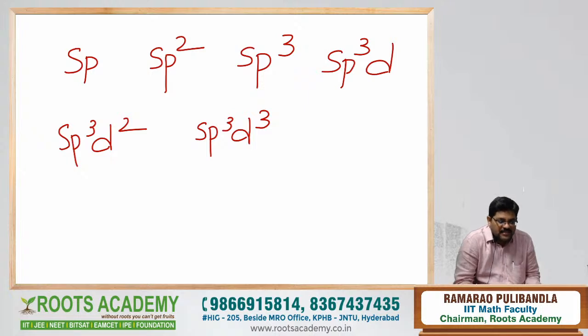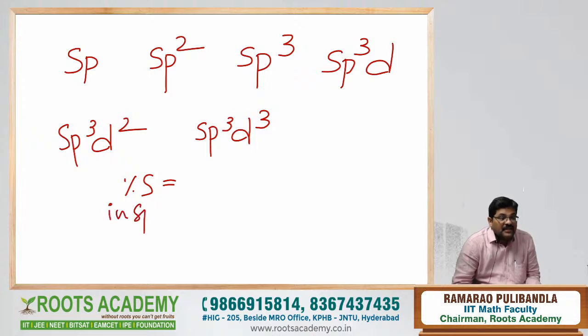Now I ask about the percentage of s character in these hybrid orbitals. For example, the percentage of s character in sp hybridization.